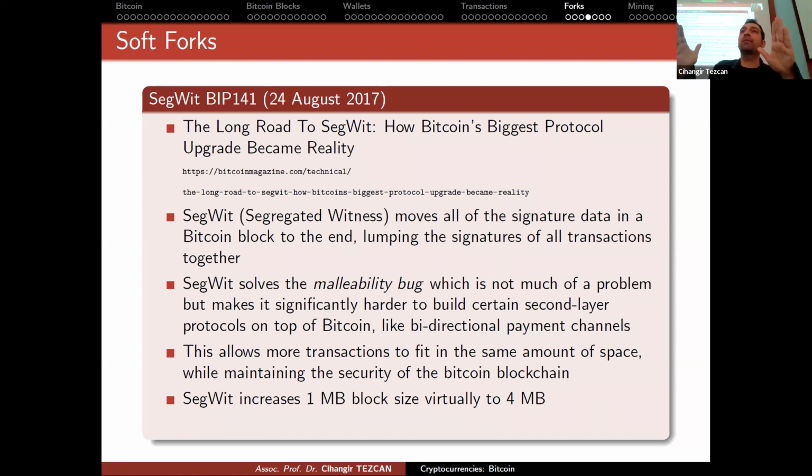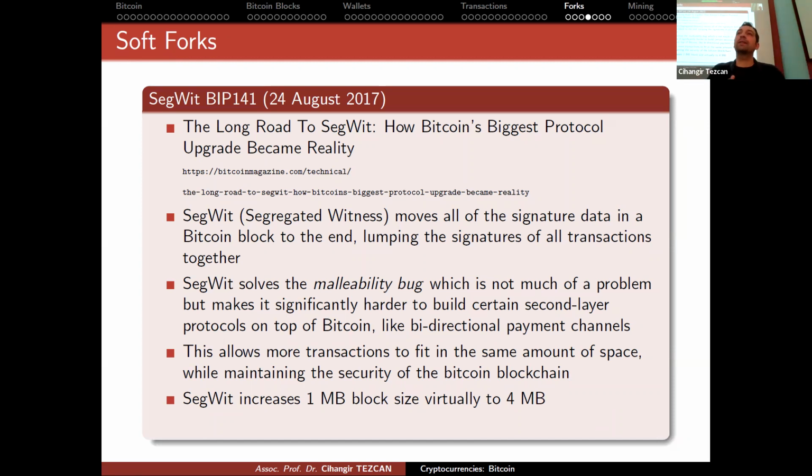So if it is higher than 1 megabyte, nodes will reject the block, even if you solve the mining problem in a correct way. But since they're only looking at the transactions part, if you remove the signatures from here, more transactions will fit in this 1 megabyte. So you will put the signatures at the end of this block. So this is why you have Bitcoin blocks which are larger than 1 megabyte. That is the whole idea.